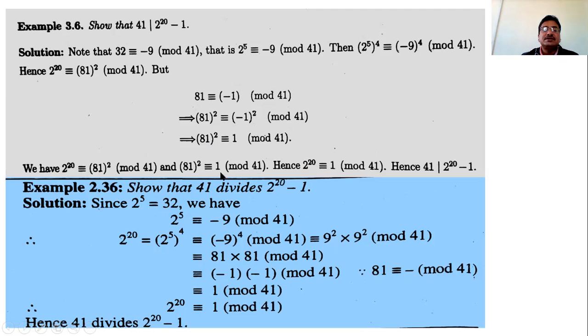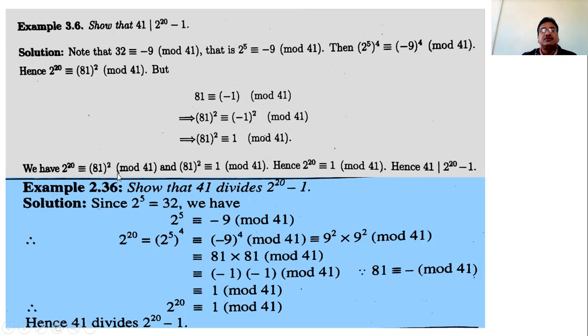And this congruence relation is a transitive relation. That is, if A is related to B and B is related to C, then A is related to C. So 2 raised to 20 is congruent to 1 modulo 41, because the relation is transitive.